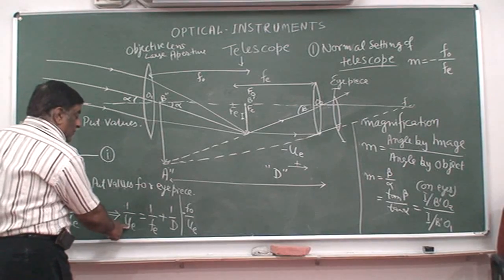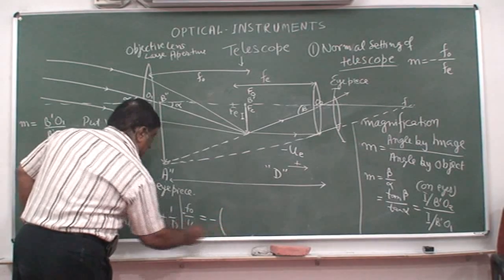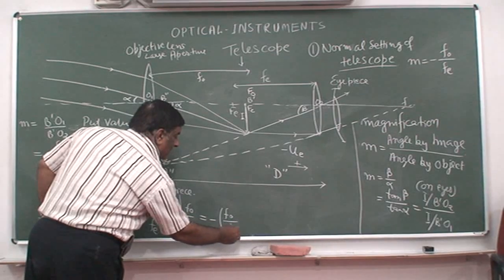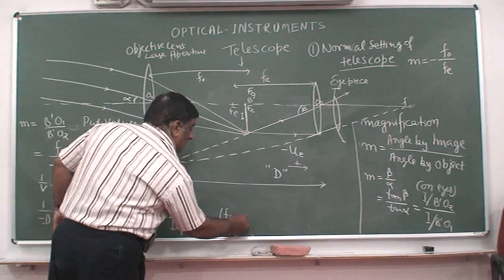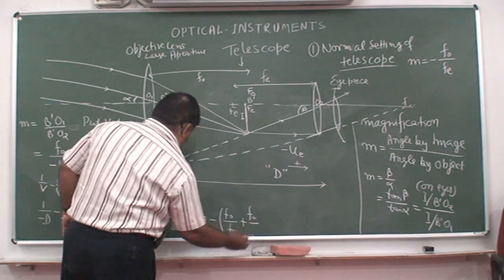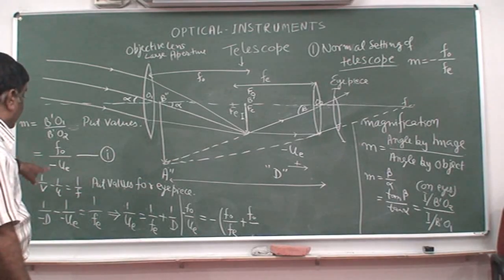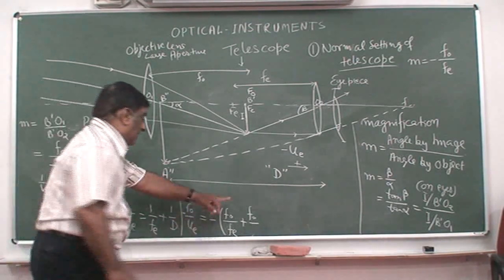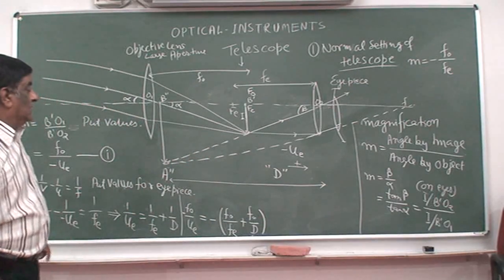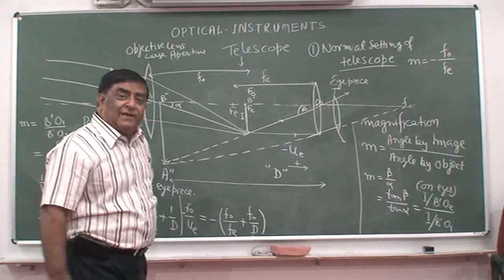So minus FO upon UE is equal to minus, we keep common, FO upon FE plus FO upon D. Sorry, FO upon UE. Where is FE? This is FE, FO upon D. Okay. So this is magnification, this is our formula for magnification.